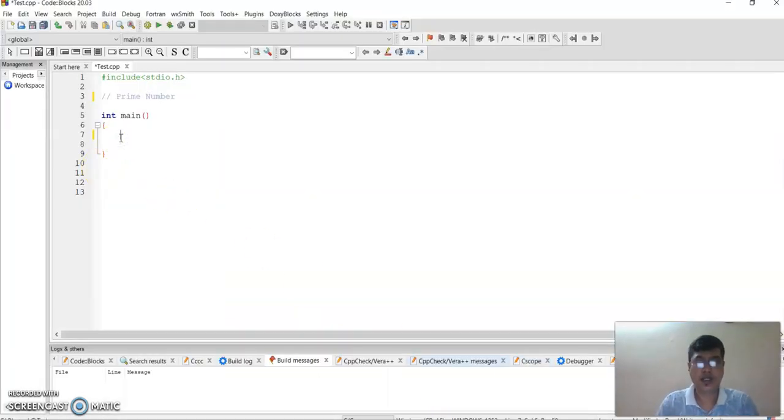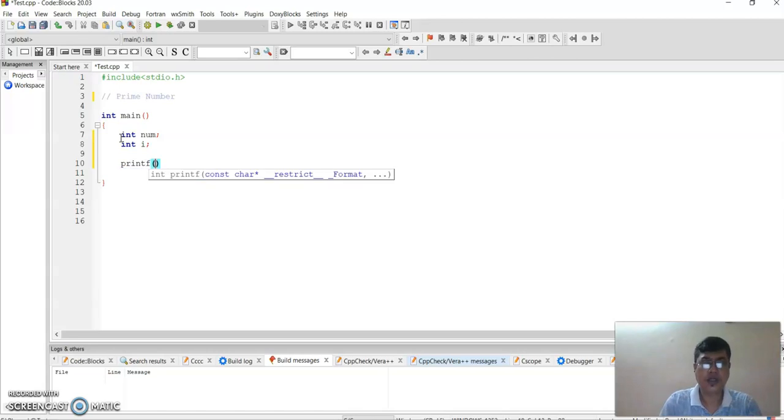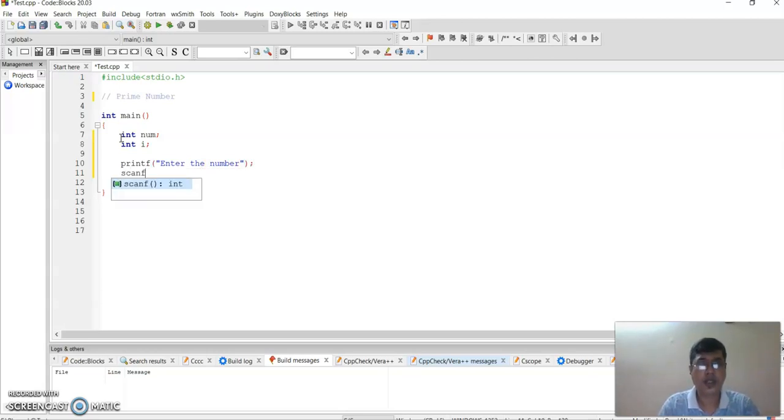So let us take int num and int i, then printf enter the number, scanf percentage d ampersand num.